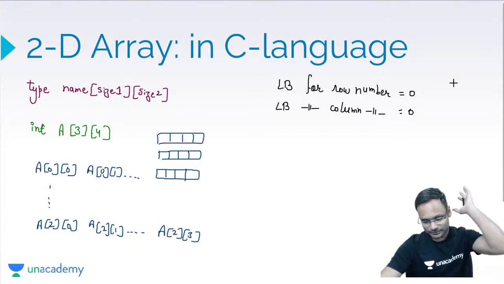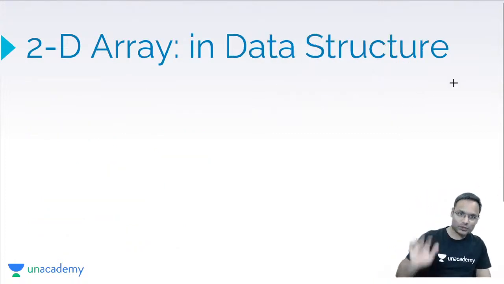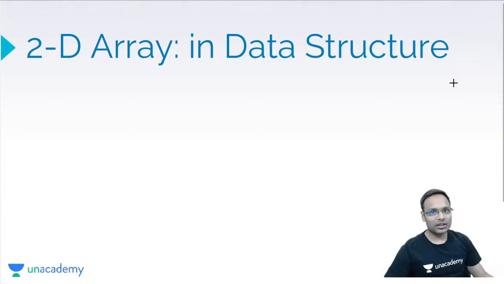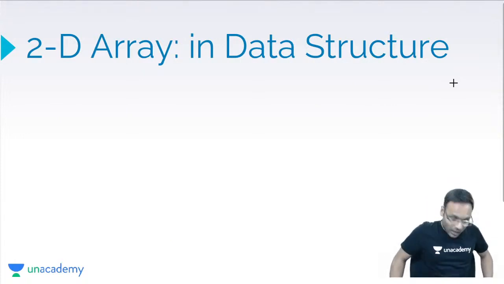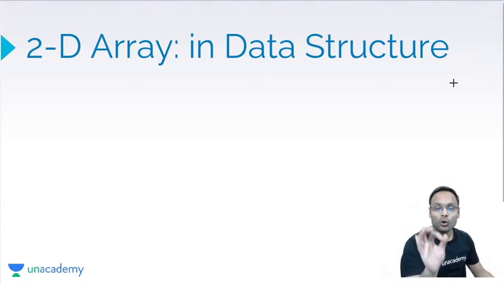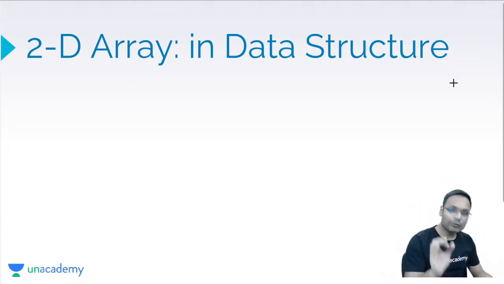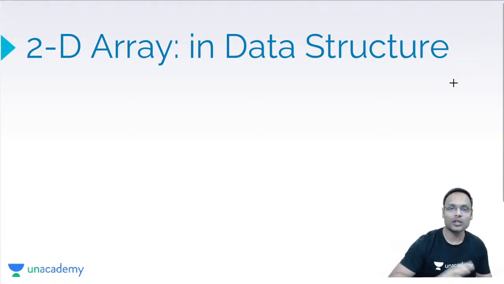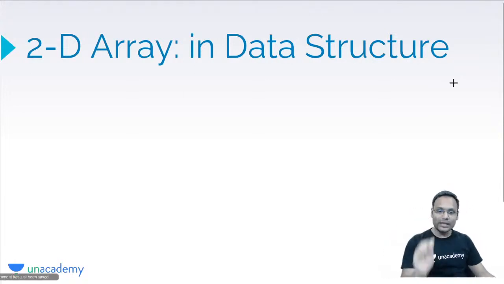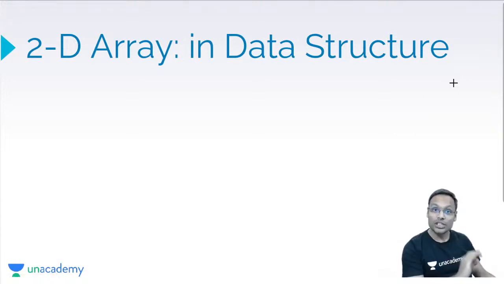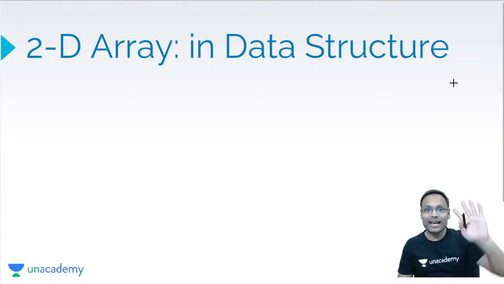Now listen, this one. Data structure. In the data structure, do we have fixed lower bound? Yes or no? You tell me, in the data structure, do we have fixed lower bound 0 only? No. Lower bound can start from 1.